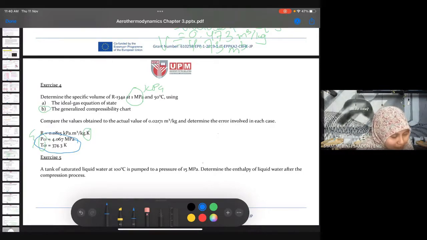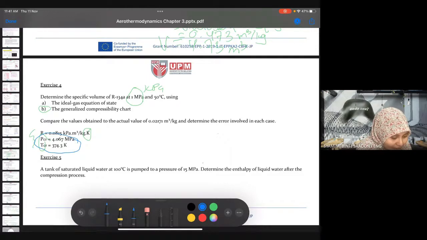Actually, this table depends on the version of the book. Some of the values are slightly different because the book has been printed with a newer edition. Sometimes the values differ between editions. But it's okay. Use the 4.059 from the table that I gave, or 4.067, which is the newer version.